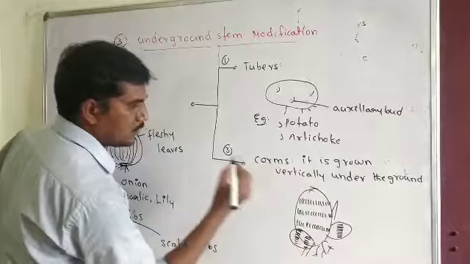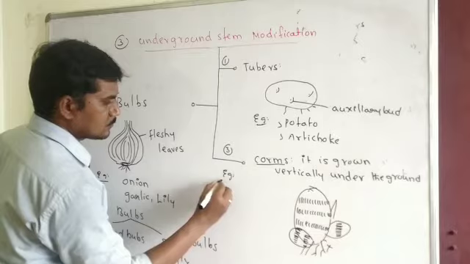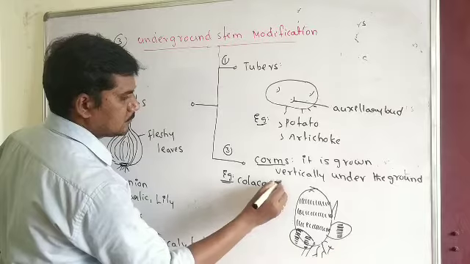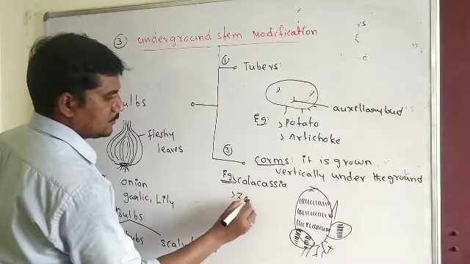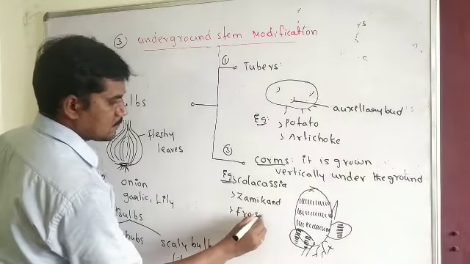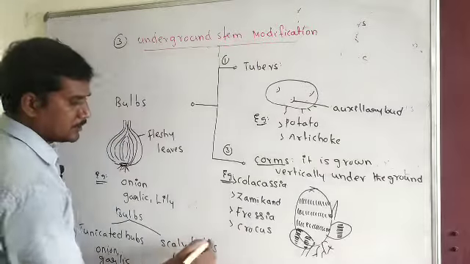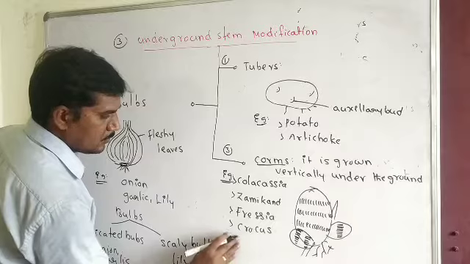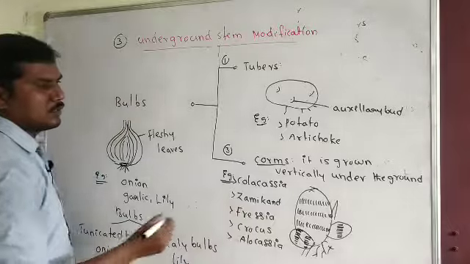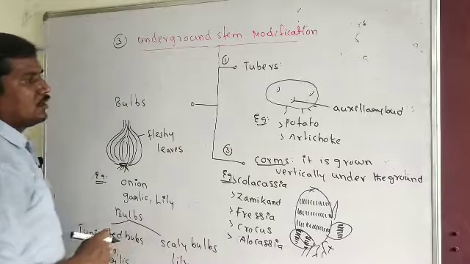Examples for the corms, very important: Colocasia, Jamikand, Freesia, Crocus. Next one is Alocasia. So these are a few examples for the corms. It grows vertically below the soil, so it is also a modified form of the underground stem.